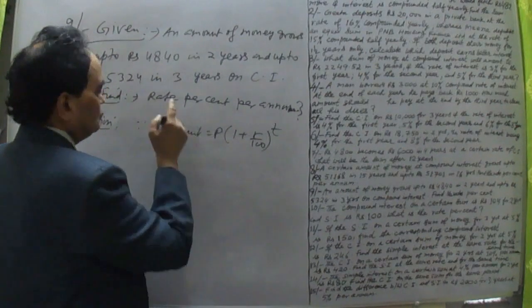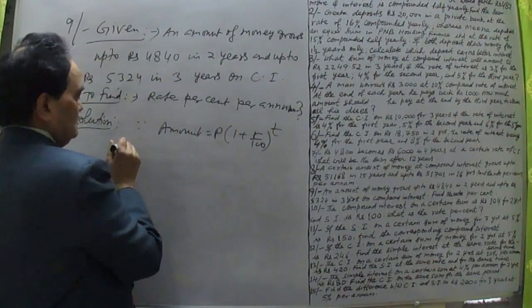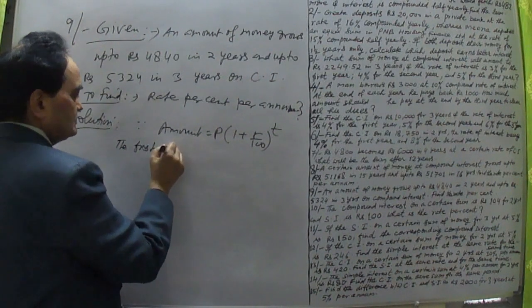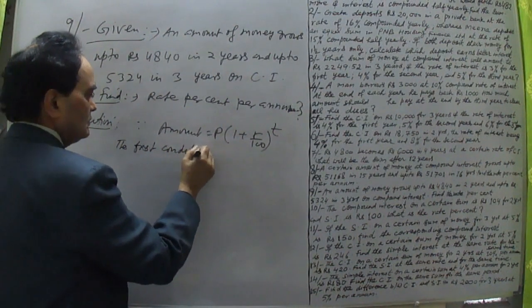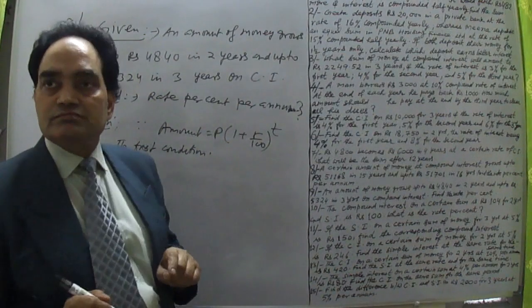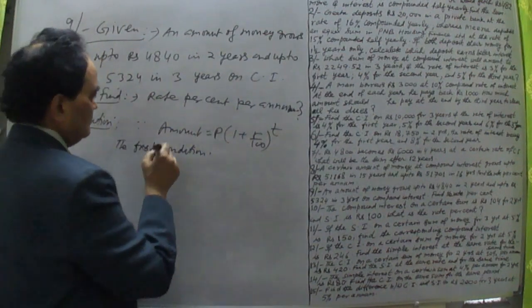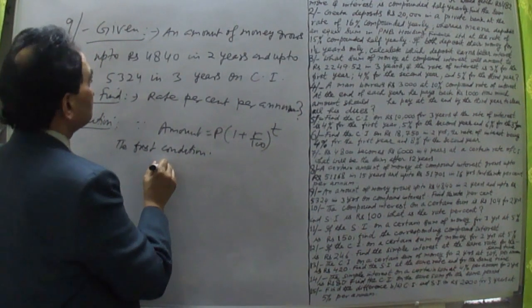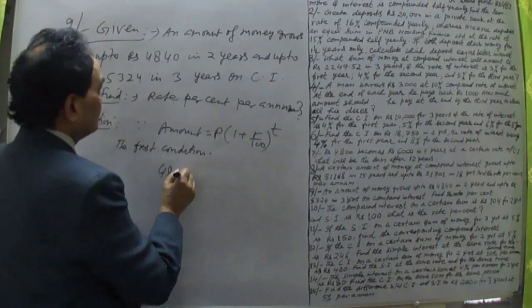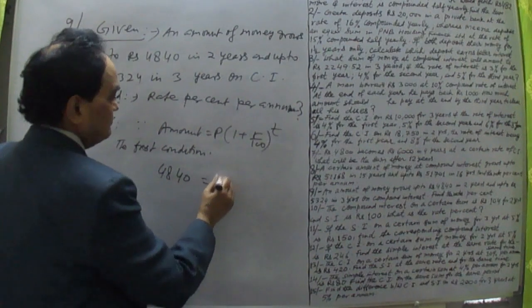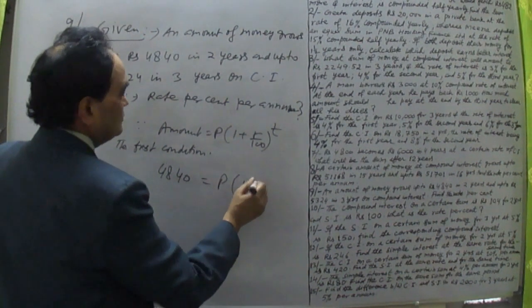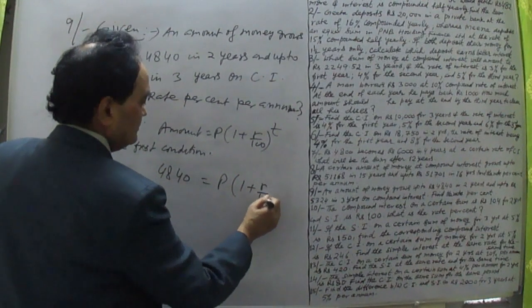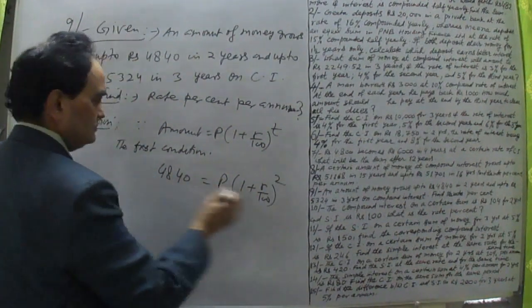Substituting the values here, in 2 years, now the first condition says that the amount 4,840 becomes P into 1 plus r upon 100 whole power 2, in 2 years time. Rate is not given, at a certain rate. This is the first equation.